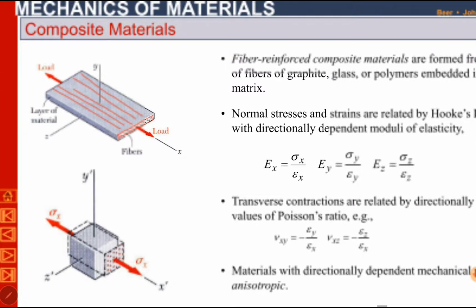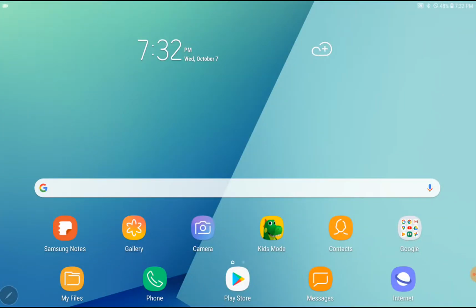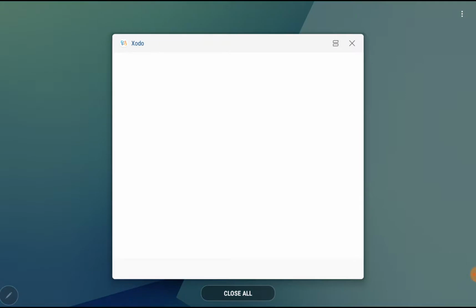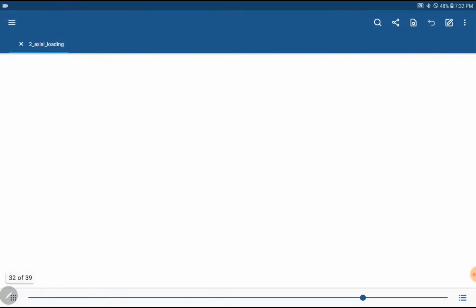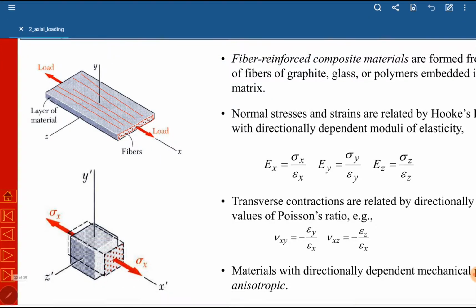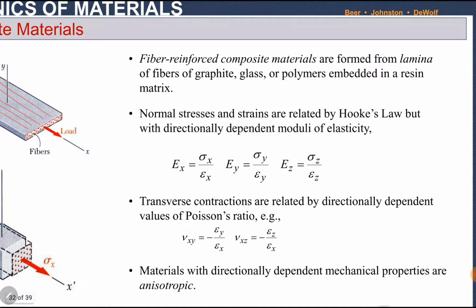We can find different properties in different directions. Fiber reinforced composite materials are formed from lamina of fibers of graphite, glass, or polymer, or even metals embedded in a resin matrix. So I have given you an example.